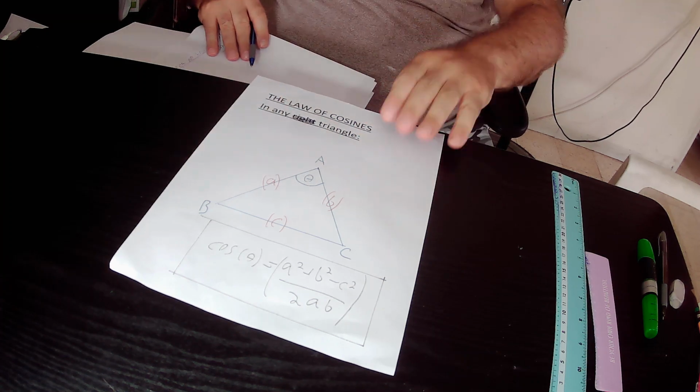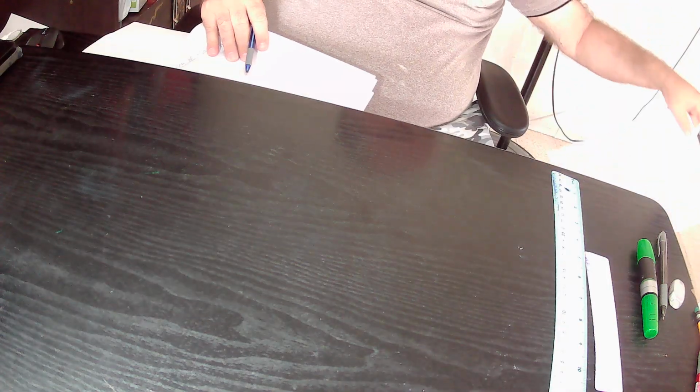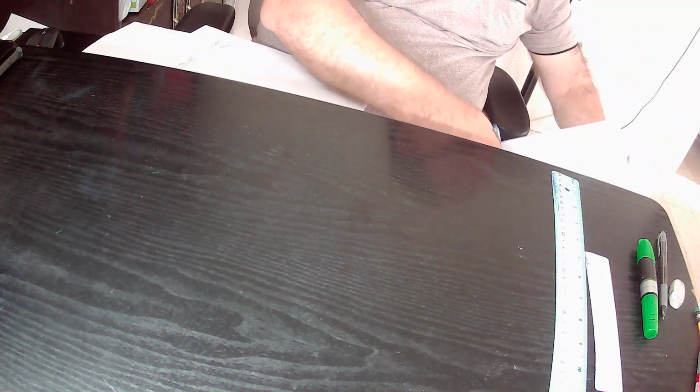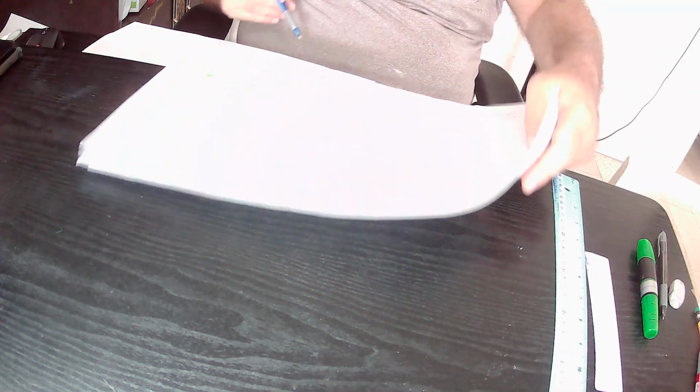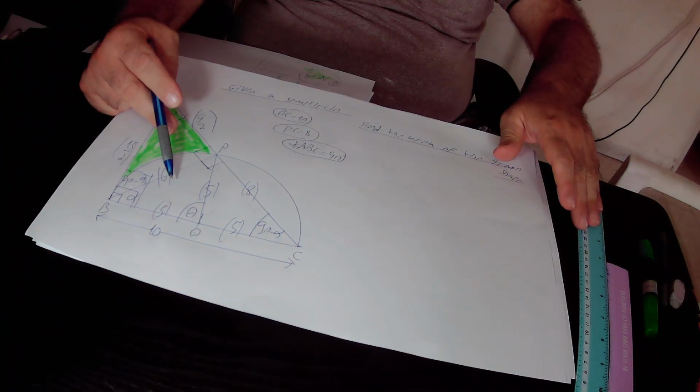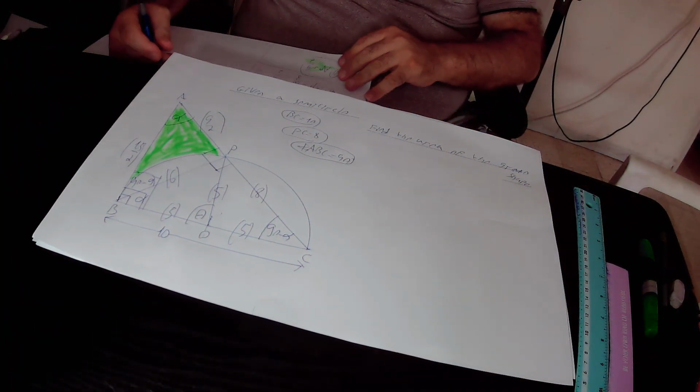So you can actually implement the law of cosines in triangle BOP. This is triangle BOP. This is angle theta.